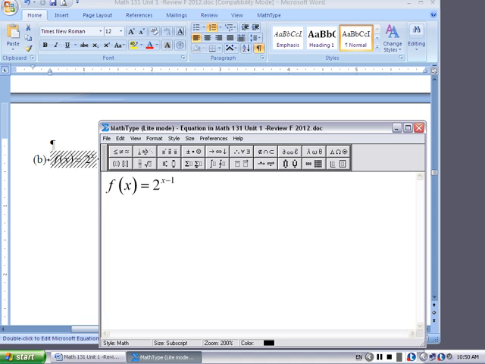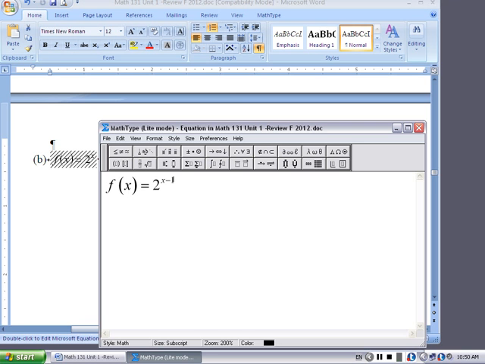You have 2 to the power y minus 1, right? And then, how do I solve for y? I need to take log on both sides. So remember, how do you write this in logarithmic form? What is the base? Base 2.